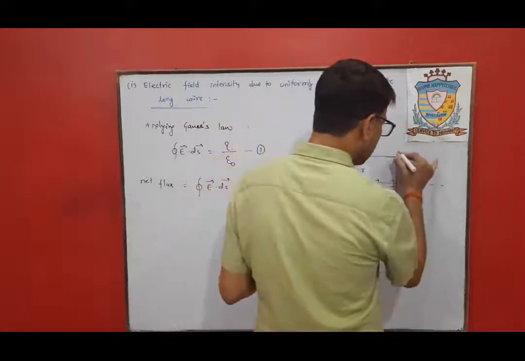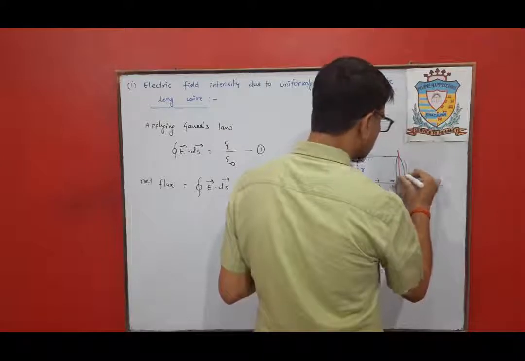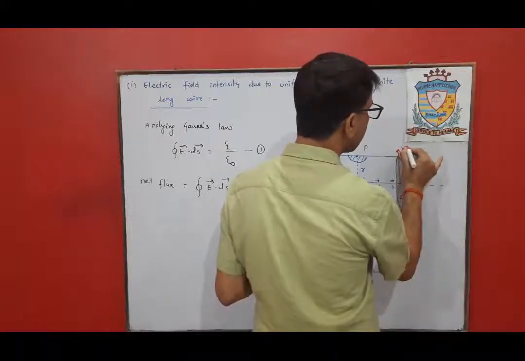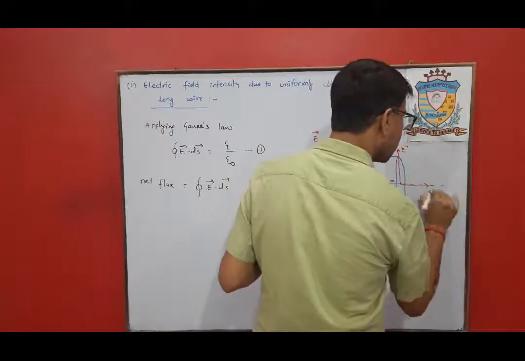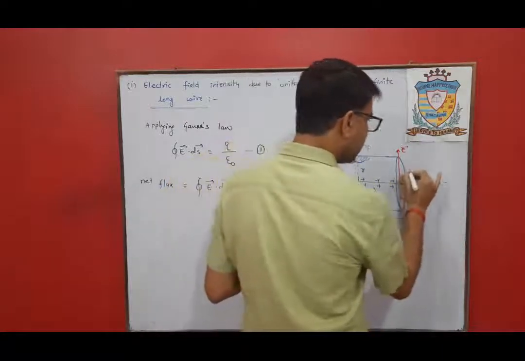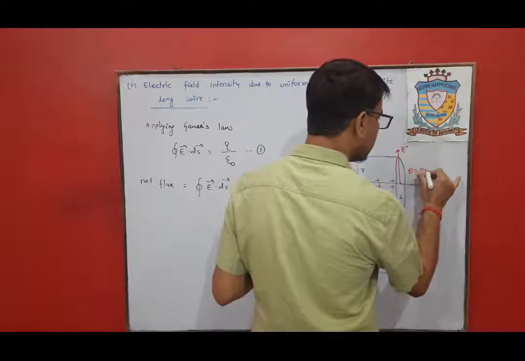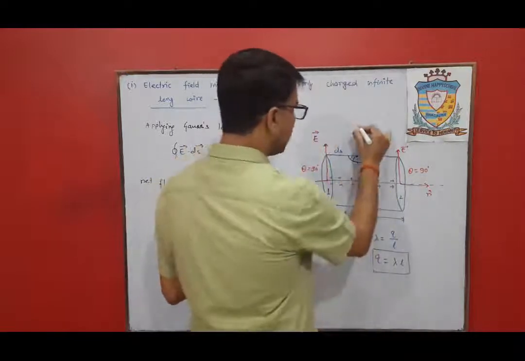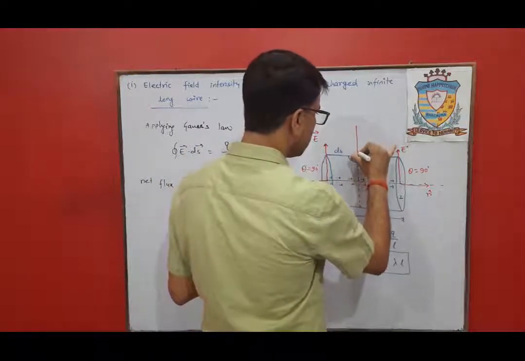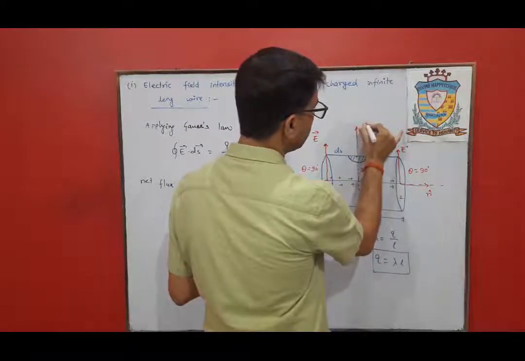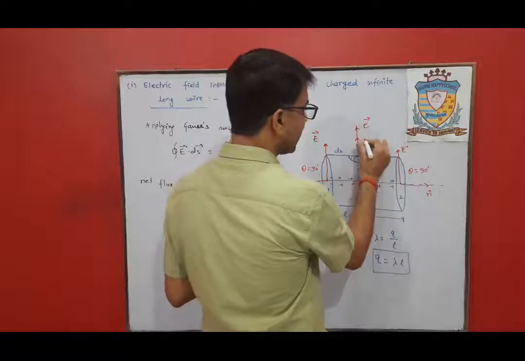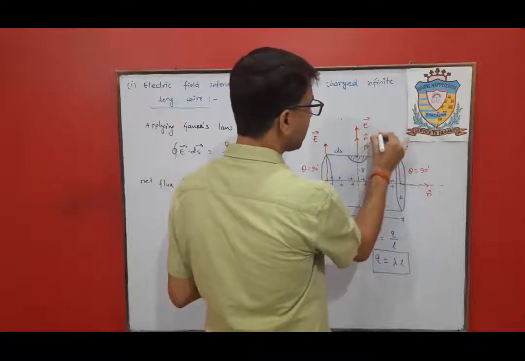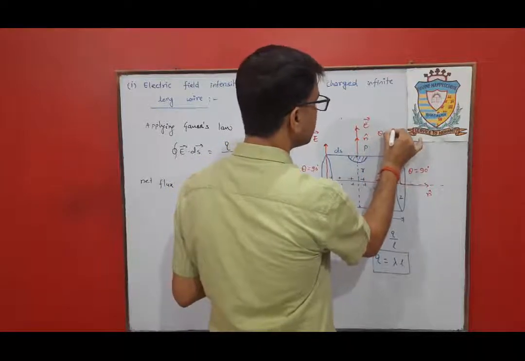At surface 2, this is the direction of electric field intensity and the outward direction of area vector is taken; again the angle between them is 90 degree. At the curved surface, the electric field and area vector have the same direction, so the angle is 0 degree.